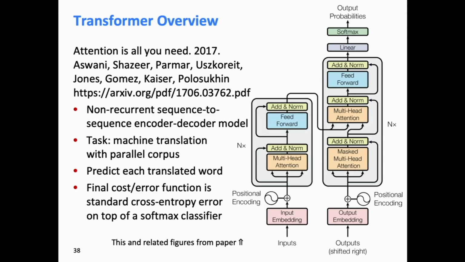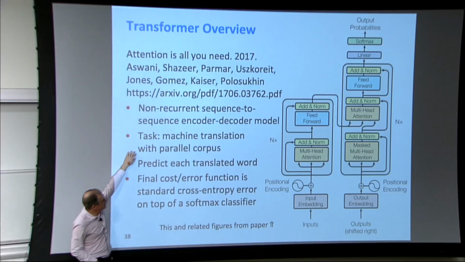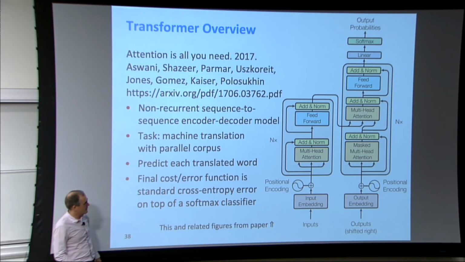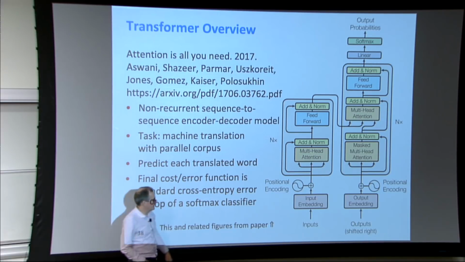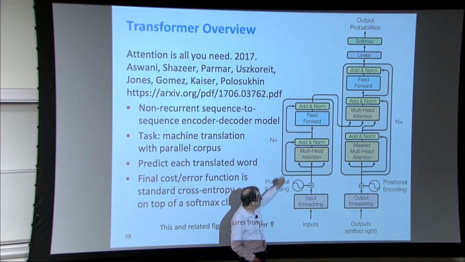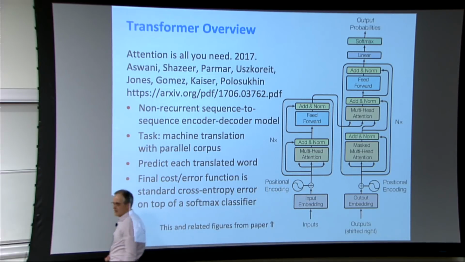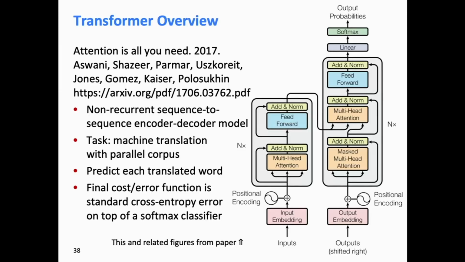In the initial work, what they're doing is machine translation, like the neural machine translation with attention we described. But they want to build a complex encoder and a complex decoder that works non-recurrently and nevertheless is able to translate sentences well by making use of lots of attention distributions.